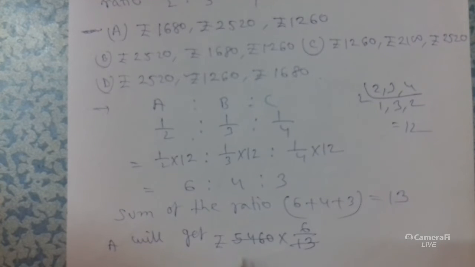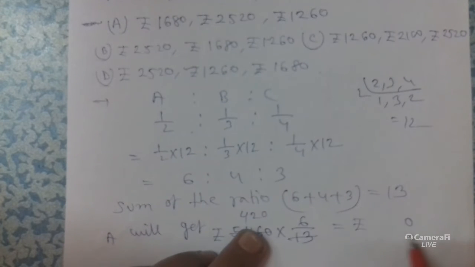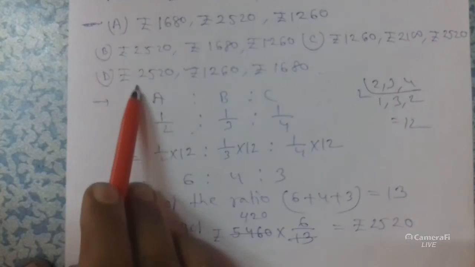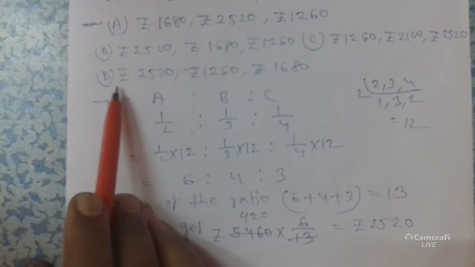So we divide 5460 by 13, it will be 420. So A will get rupees 2520. So you can see that 2520 is in options B and D.